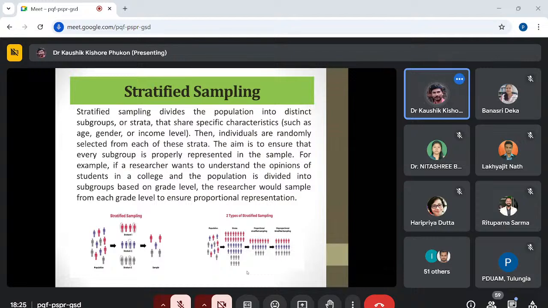For example, if a researcher wants to understand the opinion of students in a college and the population is divided into subgroups based on grade level, the researcher would sample from each grade level to ensure proportional representation. I have stated two types of stratified sampling: proportional stratified sampling and disproportional stratified sampling.